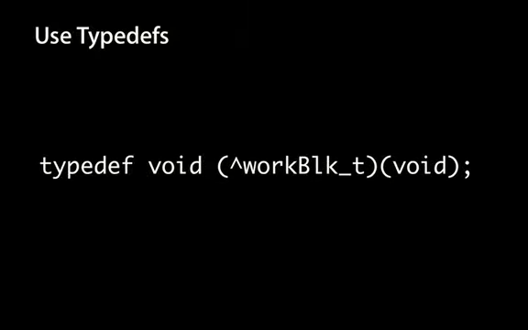Functions that return values and take parameters are complex to keep writing again and again in your APIs, so we quite often put a typedef around it. If we have this typedef for a block that takes no arguments, void, and returns nothing, void, we get this work block thing. That's a very interesting concept. It's just this chunk of work, and we'll see this used in a number of places later on.